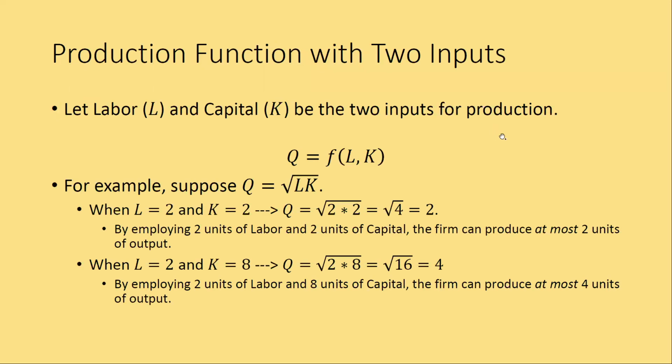So the production function with a single input can give us some sense of how production functions look like, but they are not especially interesting. And for our analysis, or for the question that we are going to solve, we are mostly focused on production functions that have two inputs.